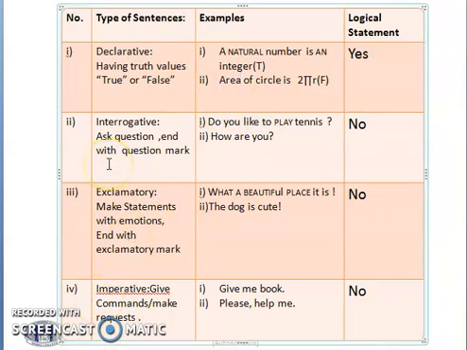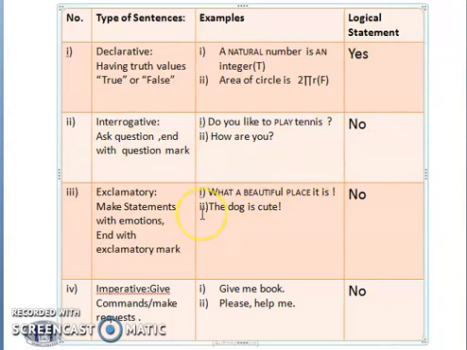Second, interrogative sentence. Here it asks a question and ends with a question mark. For example, do you like to play tennis? How are you? What are you doing? Etc. These are not examples of logical statements.